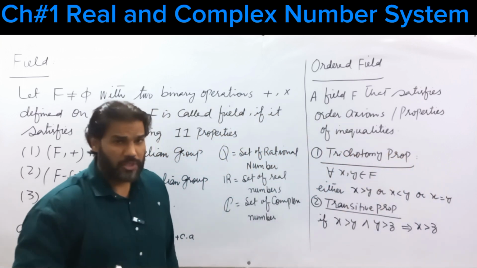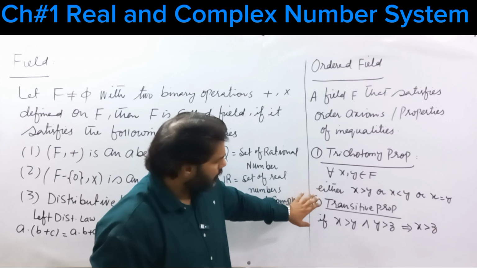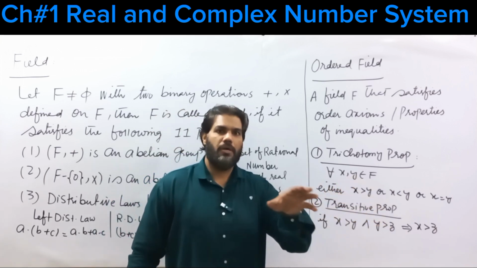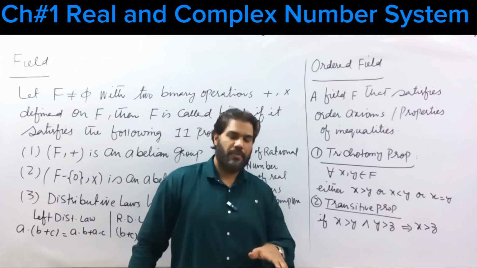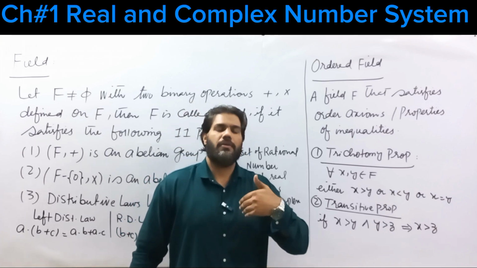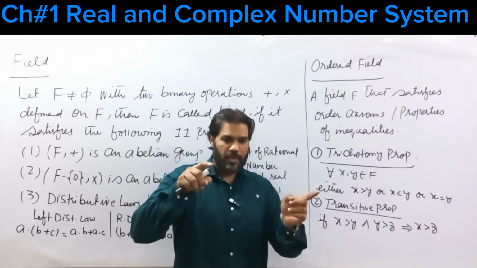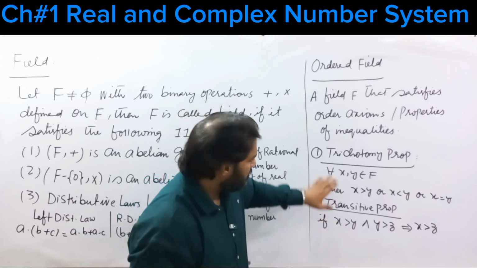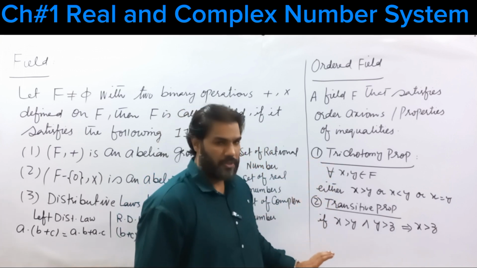Actually, if you notice, these two properties are the properties of any ordered set. A non-empty set is called an ordered set if an order can be defined on that set, and when we define an order on that set, it should satisfy these two properties: one is trichotomy and the other is the transitive property.